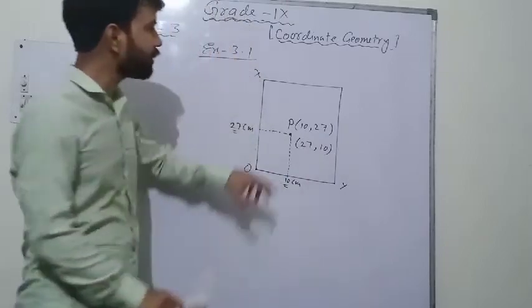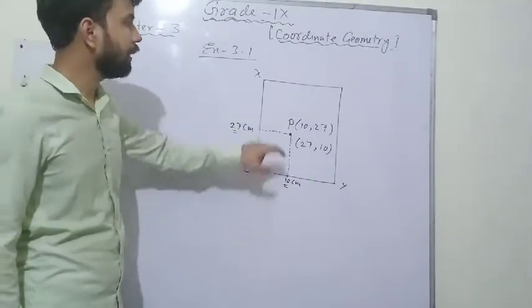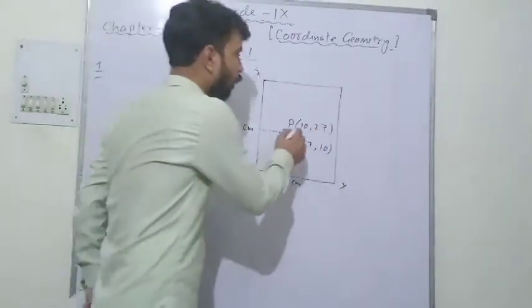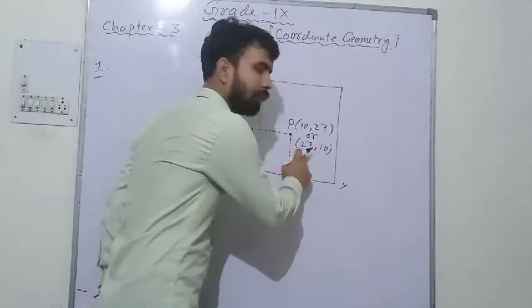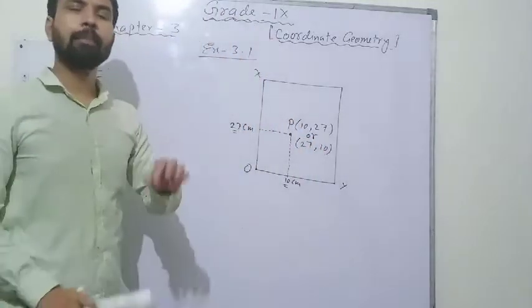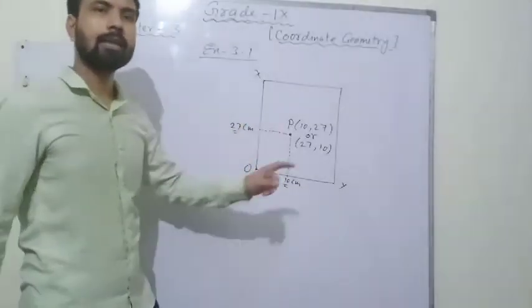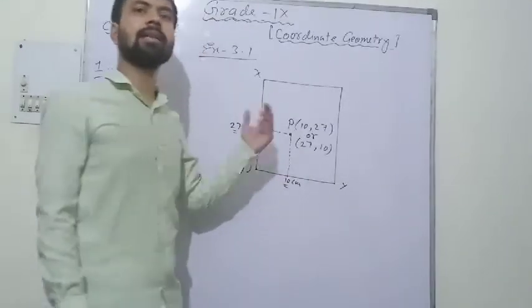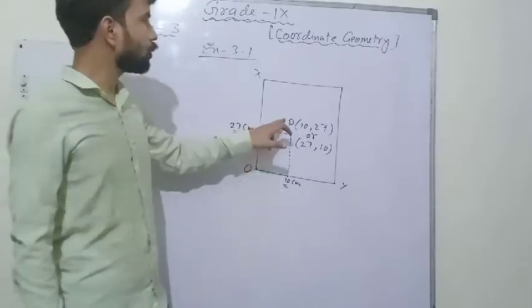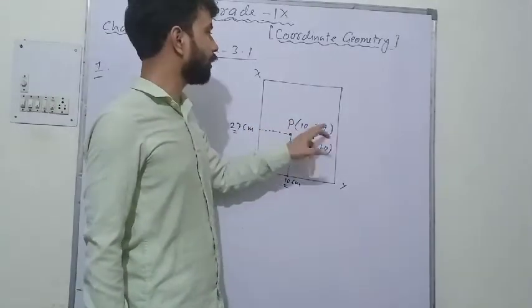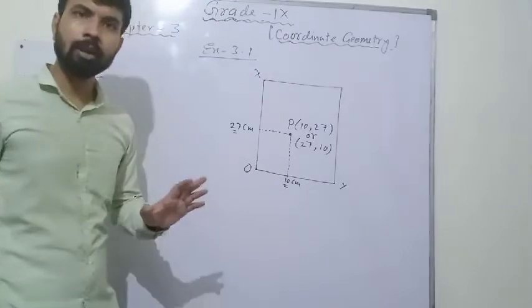So the position of this table lamp can be 10, 27 or 27, 10. It depends on our consideration, which axis I considered as x or which axis I considered as y.